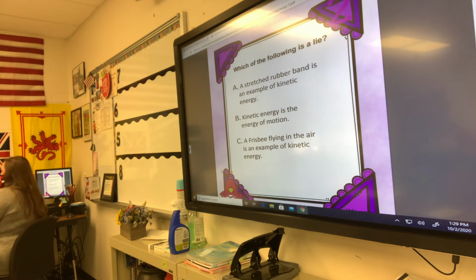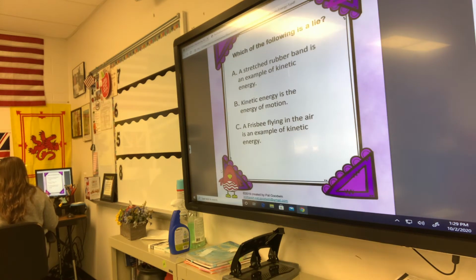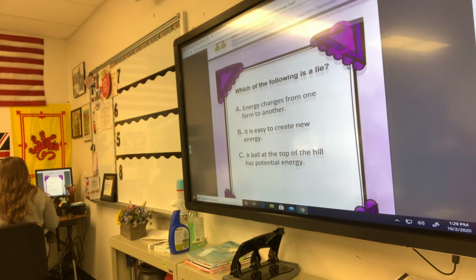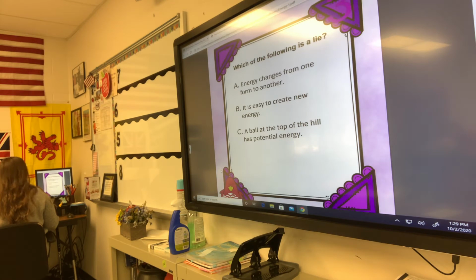Ready? Okay. Number 3. Which of the following is a lie? A, energy changes from one form to another. B, it is easy to create new energy. Or C, a ball at the top of the hill has potential energy.